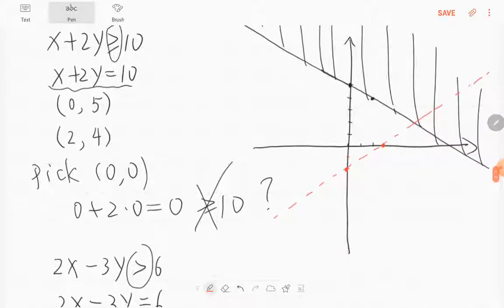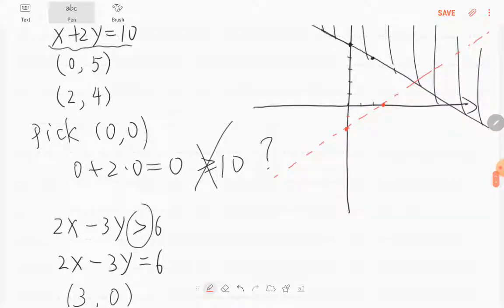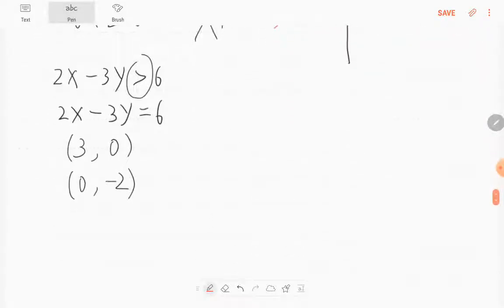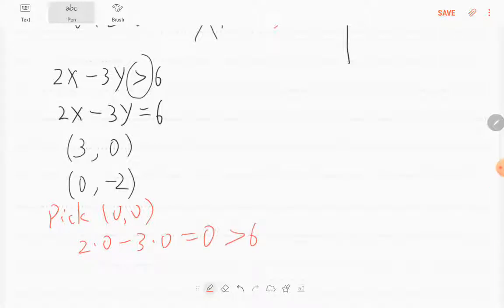Okay, so which part satisfies this inequality? Since the 0, 0 point, the origin, is not on the line, we still pick the origin. We plug in 0, 0, and then you have 2 times 0 minus 3 times 0 equals 0, greater than 6. Is that true? No, this is wrong.